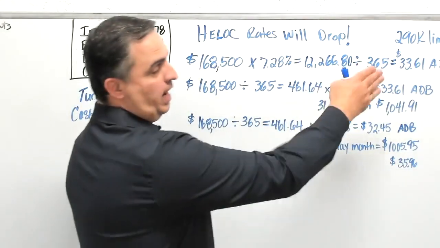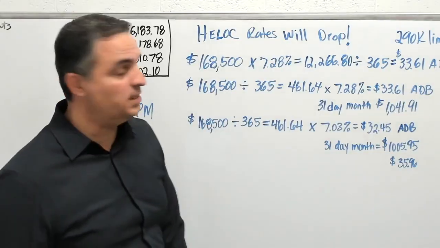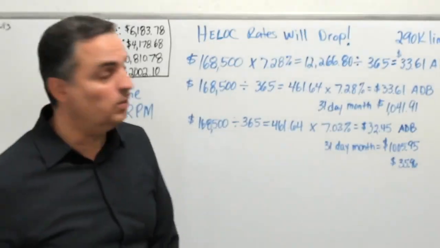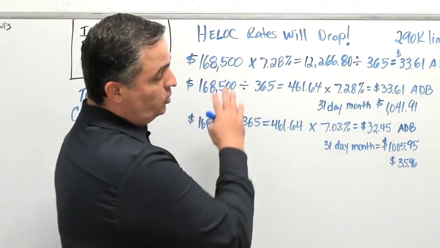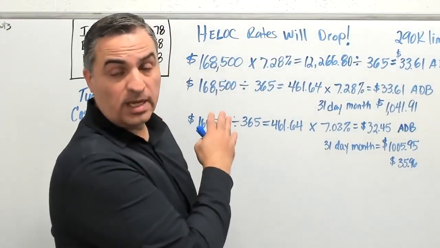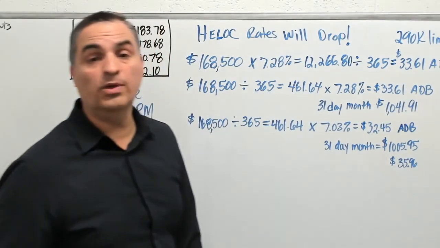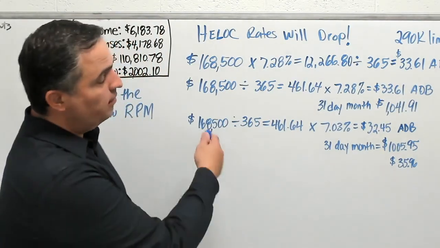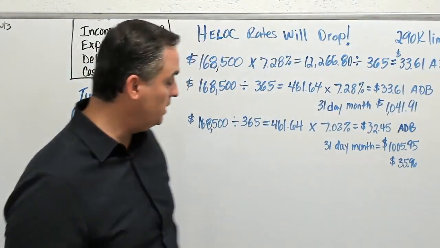When we take your average daily balance, and if it stayed at 168.5, that means that in a 31-day cycle, the total cost for that particular balance at that interest rate is $1,041.91. Not bad, right? It might look a little bit different depending on the type of balance you have and what your interest rate is.